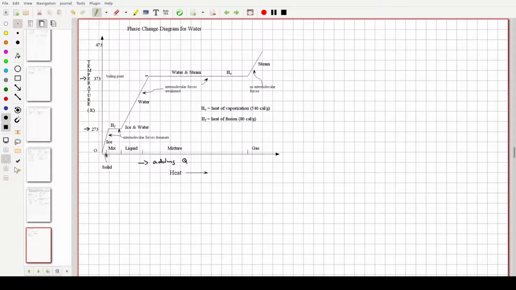And what I'd like to point out here is the behavior of the temperature with respect to the applied heat. If you start off with something like a block of ice that has a temperature well below its freezing or melting point, as you add heat, the corresponding change in temperature is linear.